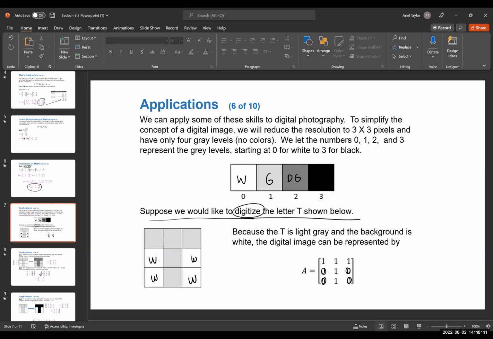We have light gray, gray, gray, gray, gray, and gray. And that's how we end up digitizing the letter T. So the matrix is basically 1, 1, 1, 0, 1, 0, 0, 1, 0. We can see the letter T even in the matrix. It's right here. Because those are the gray blocks versus the white blocks.